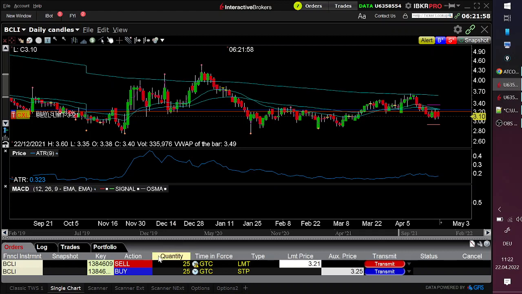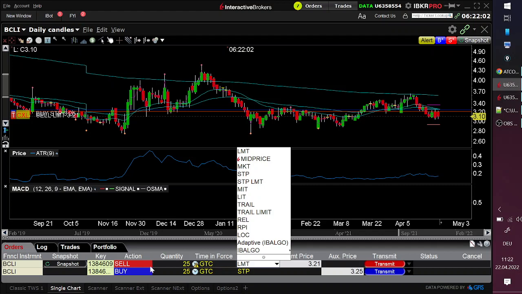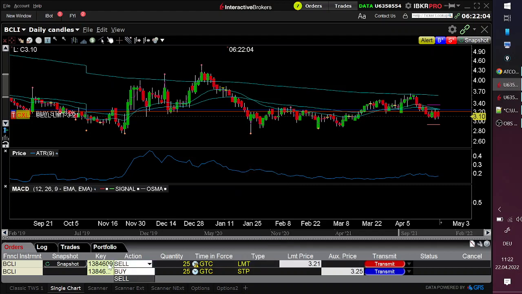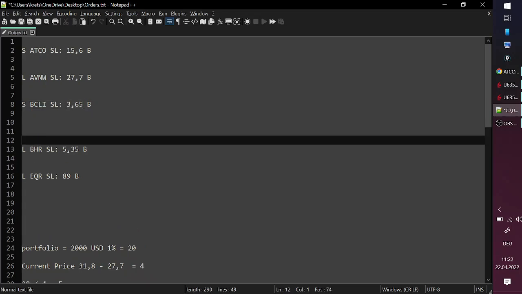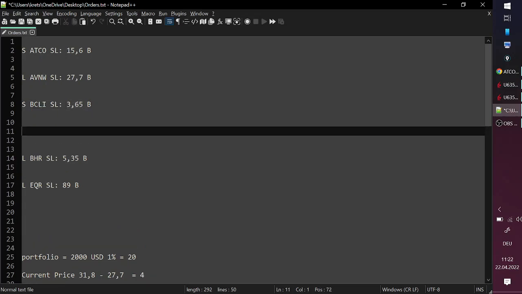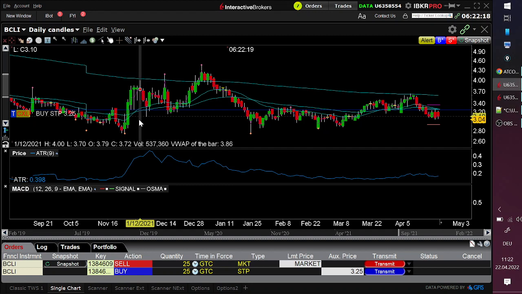So let's go in with a market order, because again I don't want to wait for any price action to confirm. I believe the theory is strong enough as it is, and the real magic really comes in the risk management. That's where everything makes sense economically.